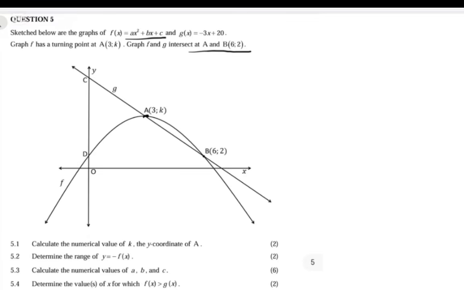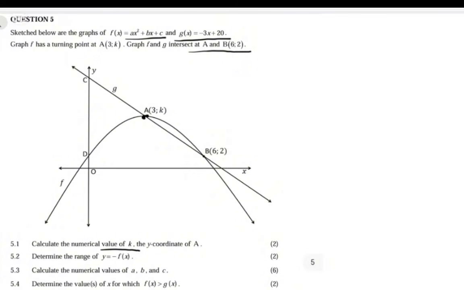So the first question, they say calculate the numerical value of k, the y coordinate of A. We cannot find it by using the parabola because we don't have an equation of the parabola, but we can use the straight line, because this is the point that passes through this straight line. So to find this value of k, we just have to substitute x in this equation.